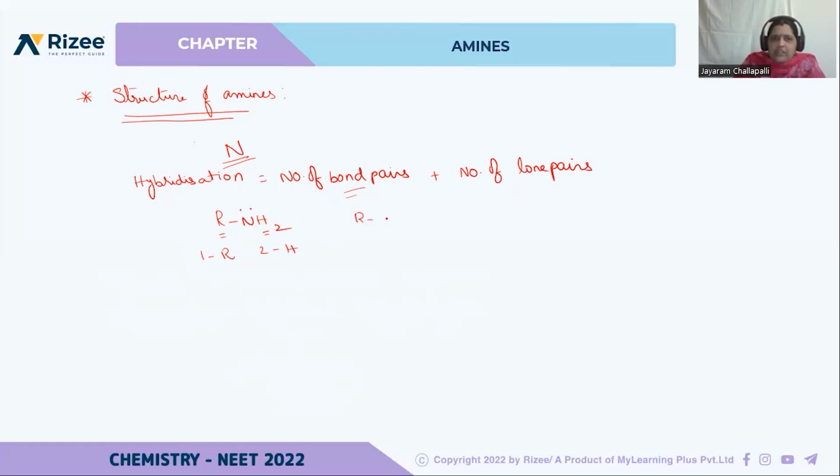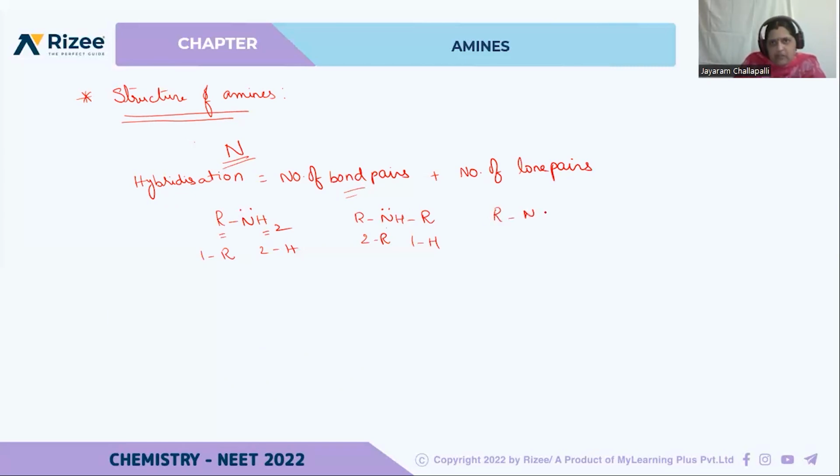Same thing if we consider a secondary amine. Nitrogen is forming bonds with 2 R groups, 2 alkyl or aryl groups, and 1 bond with hydrogen. The same 1 lone pair of electrons is there.